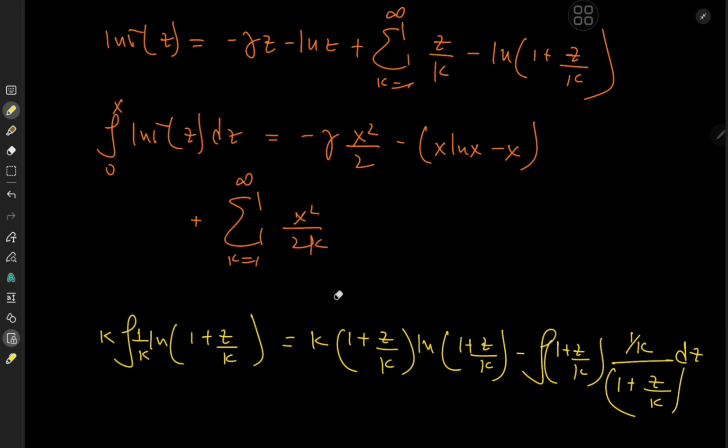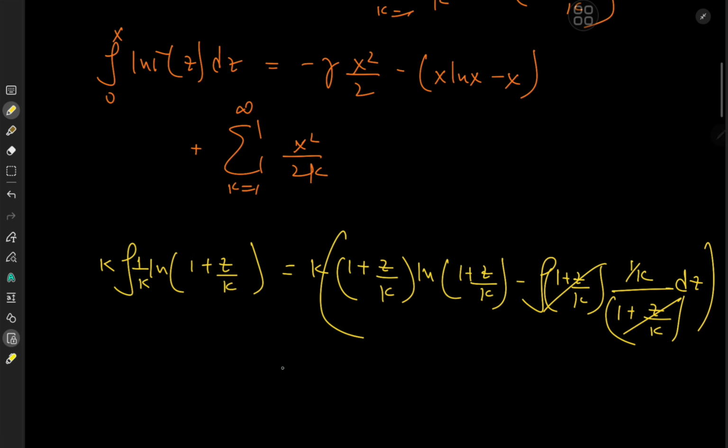So this means we have some lovely cancellation taking place, and we're left with k times (1 plus z over k). What on earth is that? Well, that's easy. That is just k plus z. So we have (k plus z) times the logarithm of 1 plus z over k minus, the k and 1 over k cancel out, and we're left with the integral of dz, which is just z.